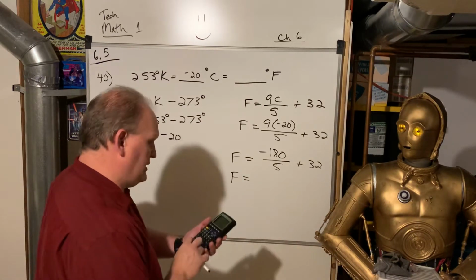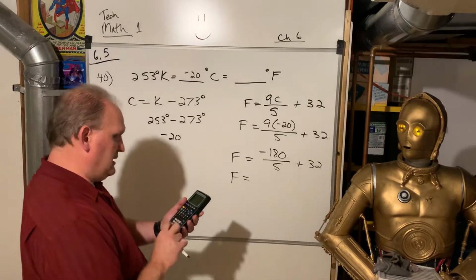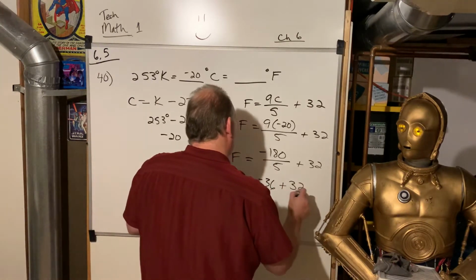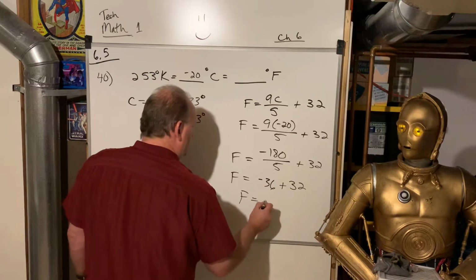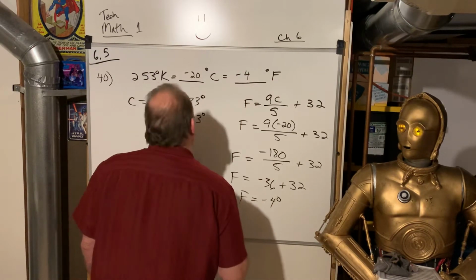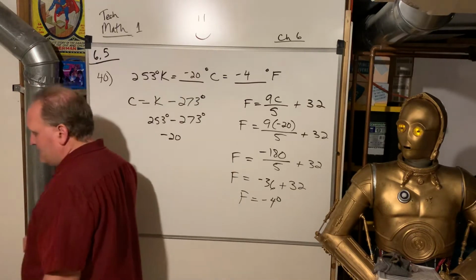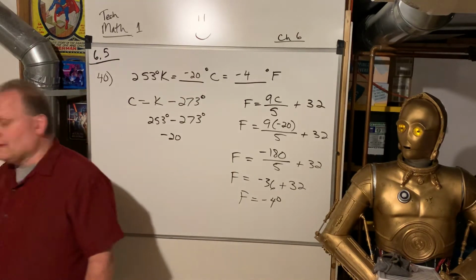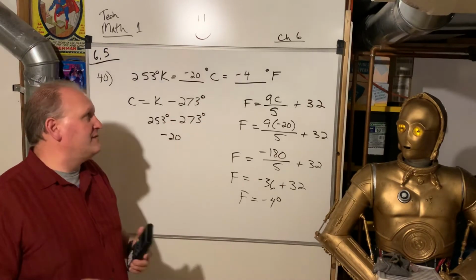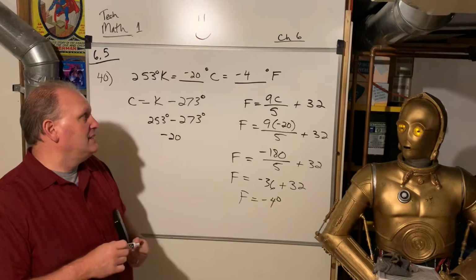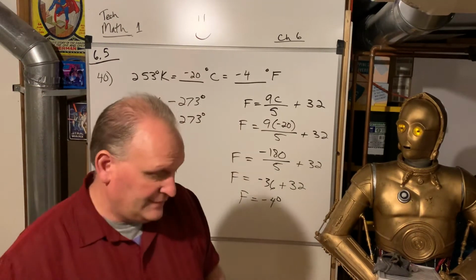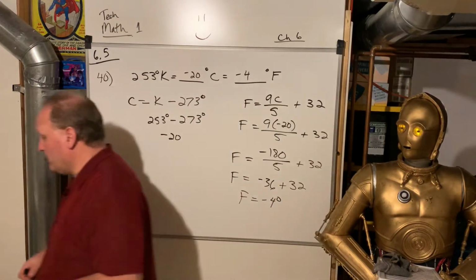So just conversions, just plug and chug. You're taking things and putting them into formulas. Negative 36 plus 32. You can probably do that one in your head, right? Negative 4 degrees. So yeah, that fits. If it's 20 degrees below freezing for Celsius, remember it's a different scale, but 32 degrees is freezing for Fahrenheit, and that's well below 32 degrees, right? It's 36 degrees lower.